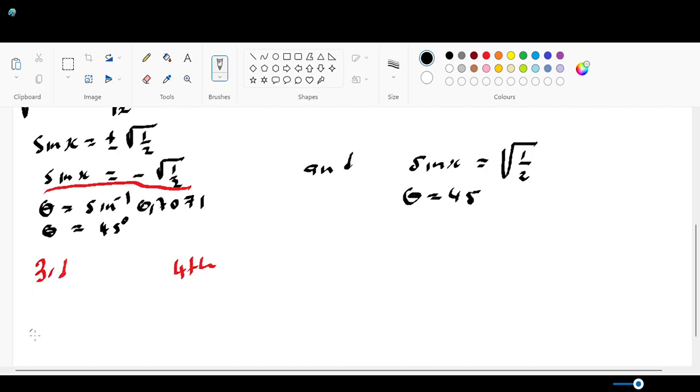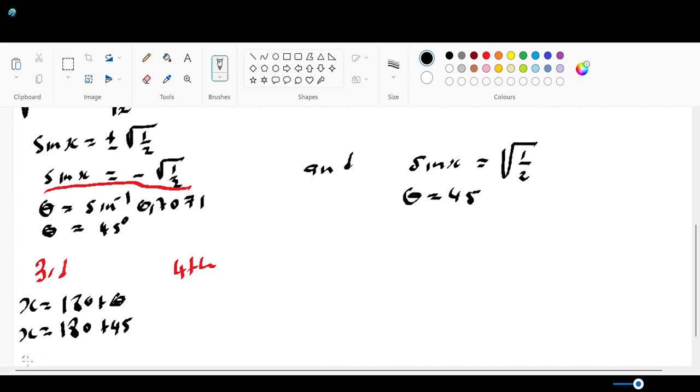So how do we represent the third quadrant here? This is how we represent it. You can say x is equal to, using the 180 rule, 180 plus theta. Knowing what our theta is, it's going to be 180 plus 45.